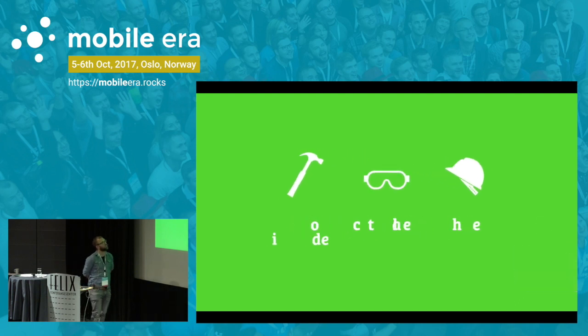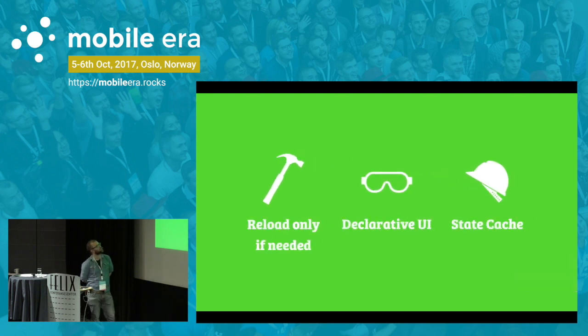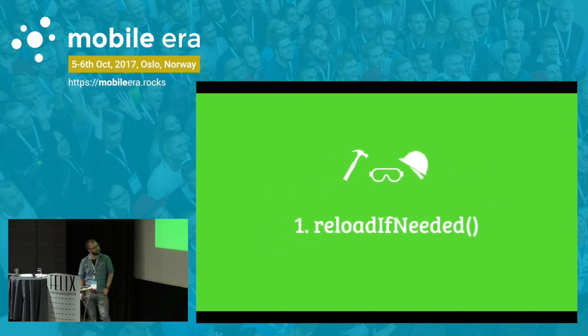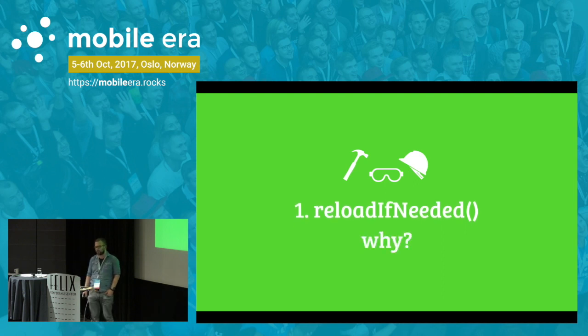So the features that I want to show you are basically reload only if needed, declarative UI, and state cache. So when it comes to the first one, the reload if needed method, why did we actually need this in the first place? Basically, this is something that we saw we were doing over and over again in our applications.